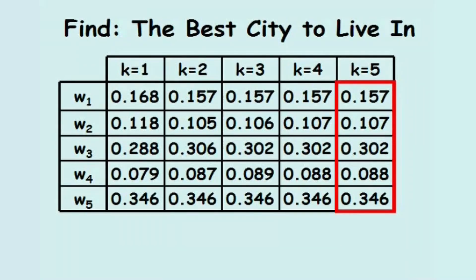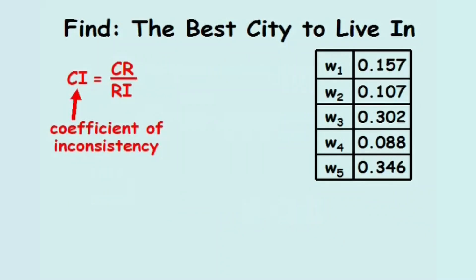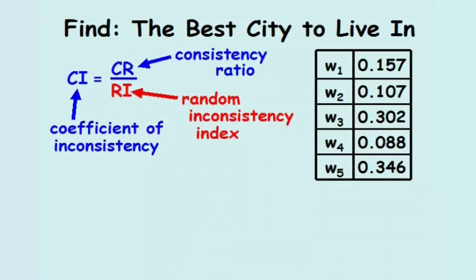Before the weights can be used to calculate the rank of each alternative, we should confirm the coefficient of inconsistency is less than 0.10. The coefficient of inconsistency, Ci, equals the consistency ratio, Cr, divided by the random inconsistency index, Ri.